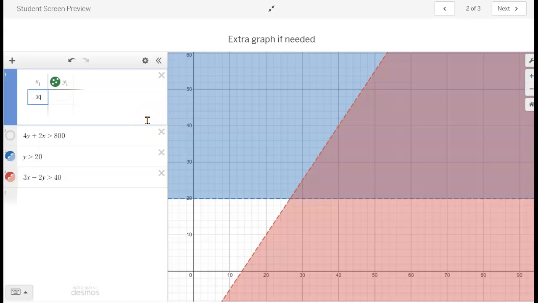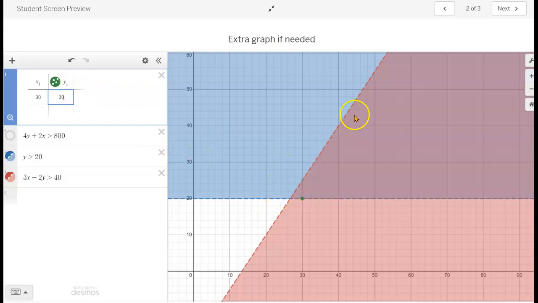Let's say 30, 20. Now, we talked about this in class, but where this is on a dotted line, yes, it's in the red area, but it's not in the blue area because that's a dotted line, so that couldn't work.